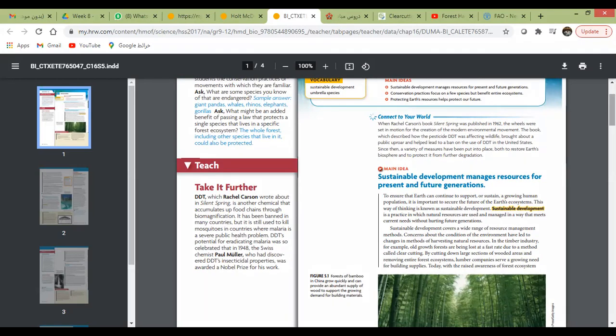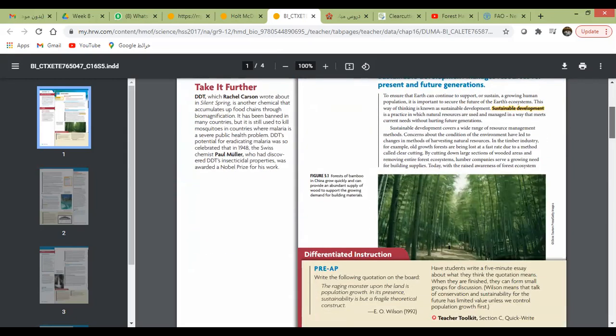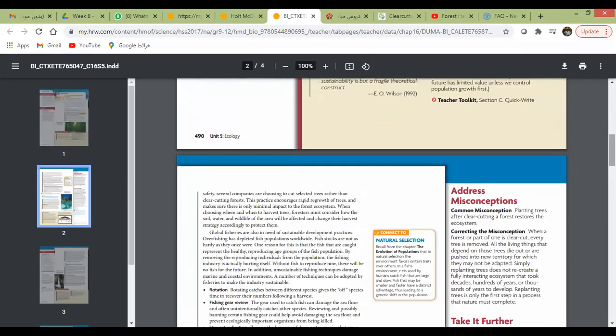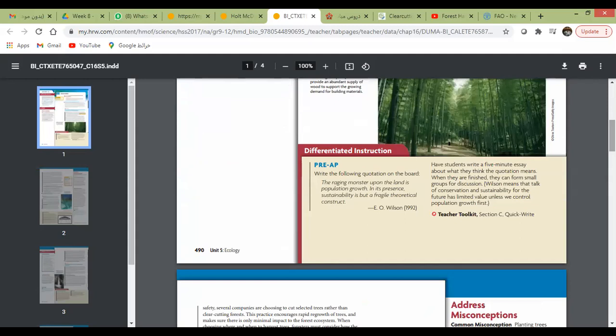Okay? And we said one of the conserving methods is to conserve the trees. Give me one example or one method for conserving trees. I want someone other than Tasneem. Yalla Dilara, Tasneem today only. Avoid clear cutting and select the trees that should be cut.